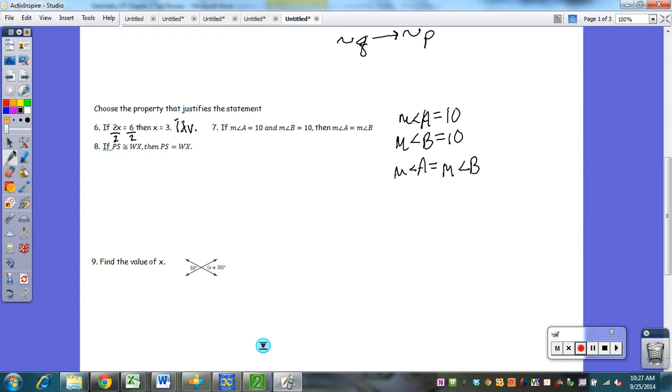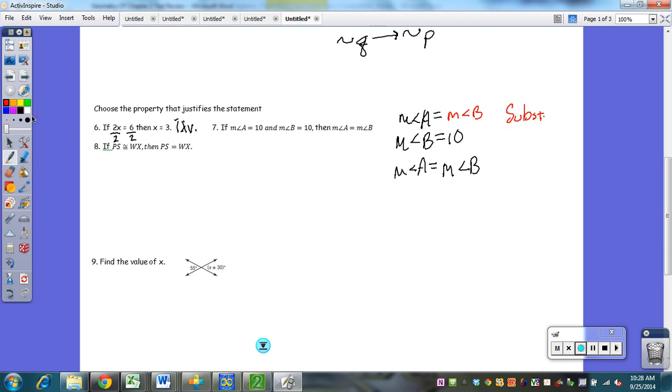We're saying that if the measure of angle A equals 10 and the measure of angle B equals 10, then if we were to work backwards here for a second, 10 equals the measure of angle B. So then if 10 equals the measure of angle B, then I can substitute what 10 equals for the measure of angle B. That way I could use the substitution property. I substituted what 10 equals up here.